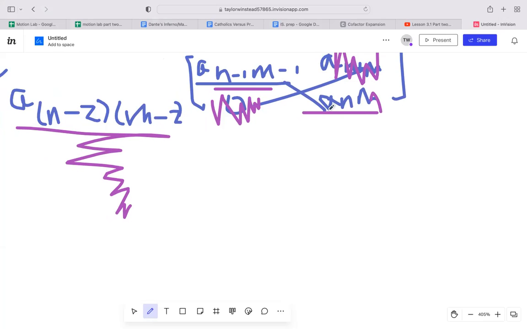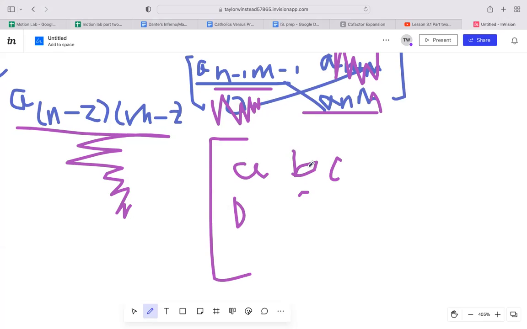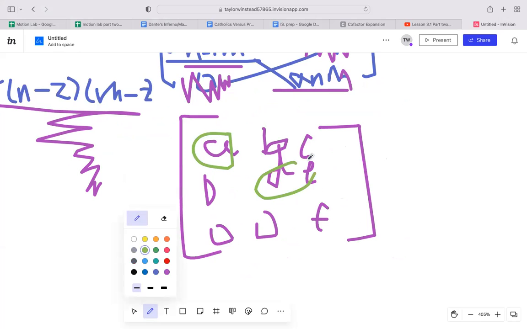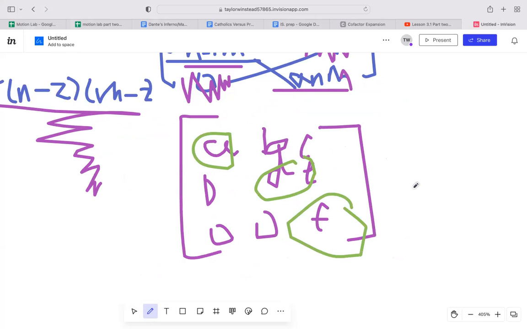So if we return back to that idea that we had of A, B, C, 0, D, E, 0, 0, F, it's written very poorly. This is just an example matrix of arbitrary size. But if we turn it back to that, these three things on the diagonals, they can't equal 0.